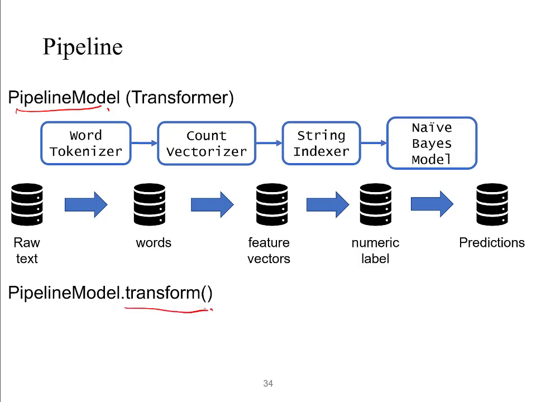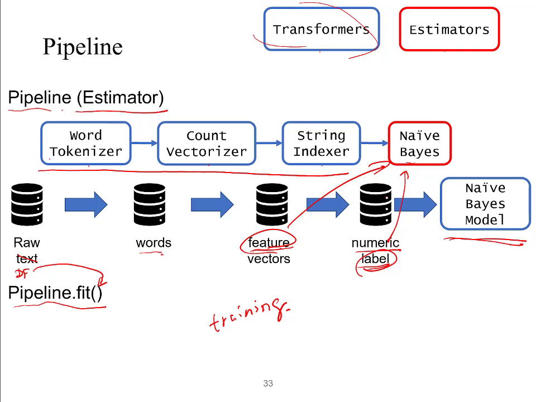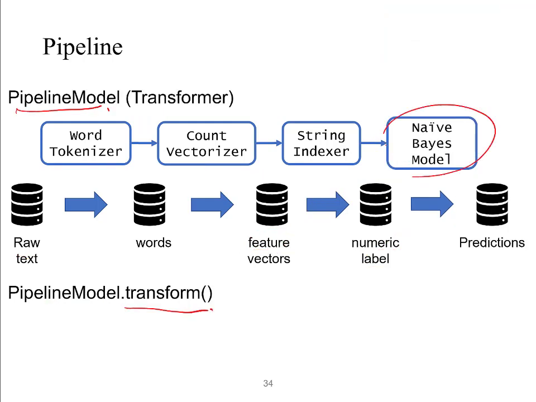As you can see, the pipeline model is different from a pipeline in the last stage. Before, it was an estimator, and now it becomes a transformer, which is generated by pipeline.fit.